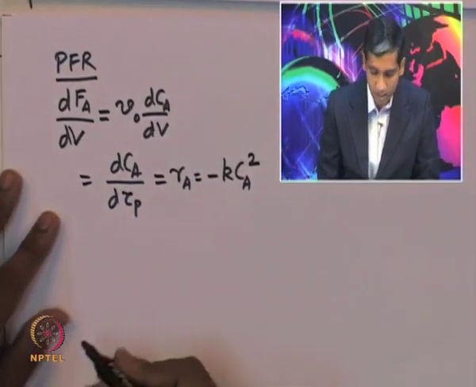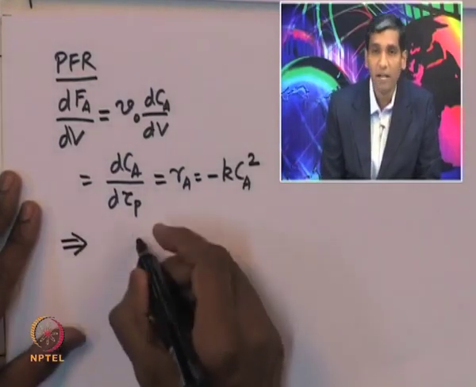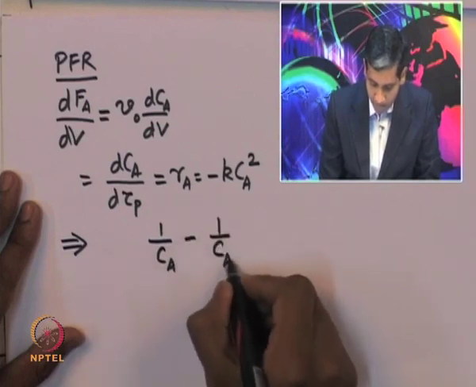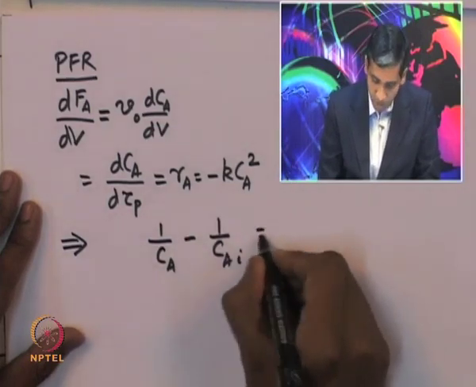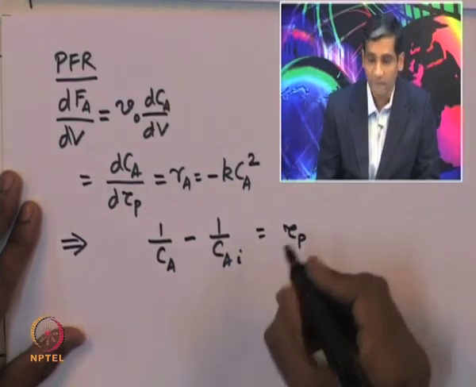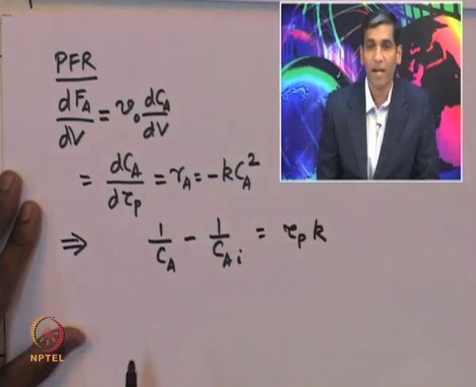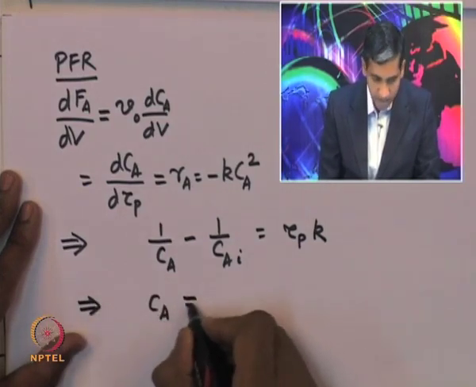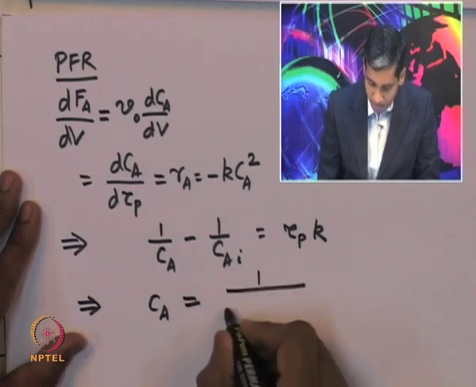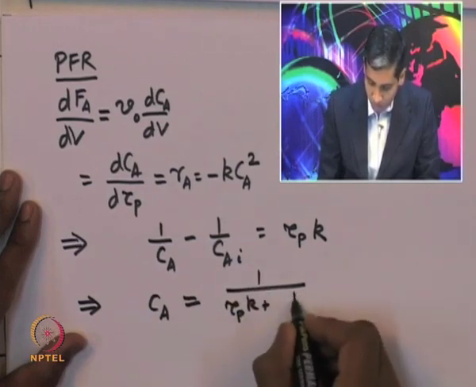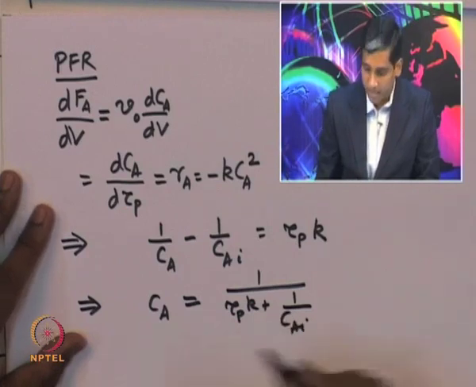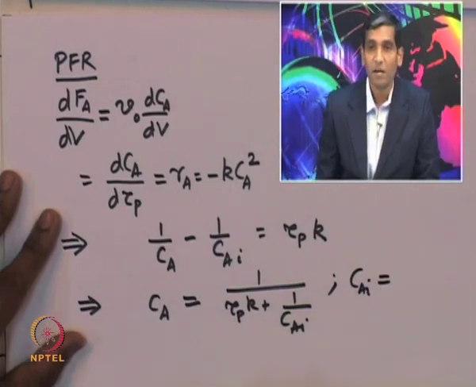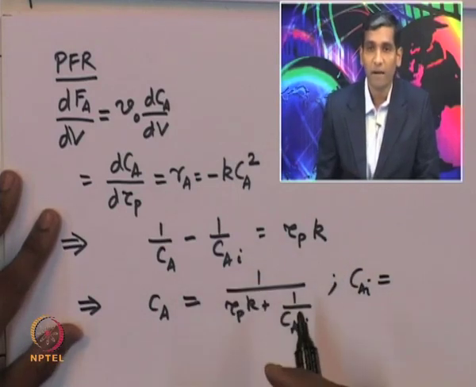So, that is the mole balance, and by solving this we can obtain that the solution of this equation is 1 by Ca minus 1 by Cai, that should be equal to the space time of the plug flow reactor multiplied by the specific reaction rate. So, from here we can see that Ca can be expressed as 1 by tau p into K plus 1 by Cai, where Cai is essentially given by the quadratic solution that we derived a short while ago.